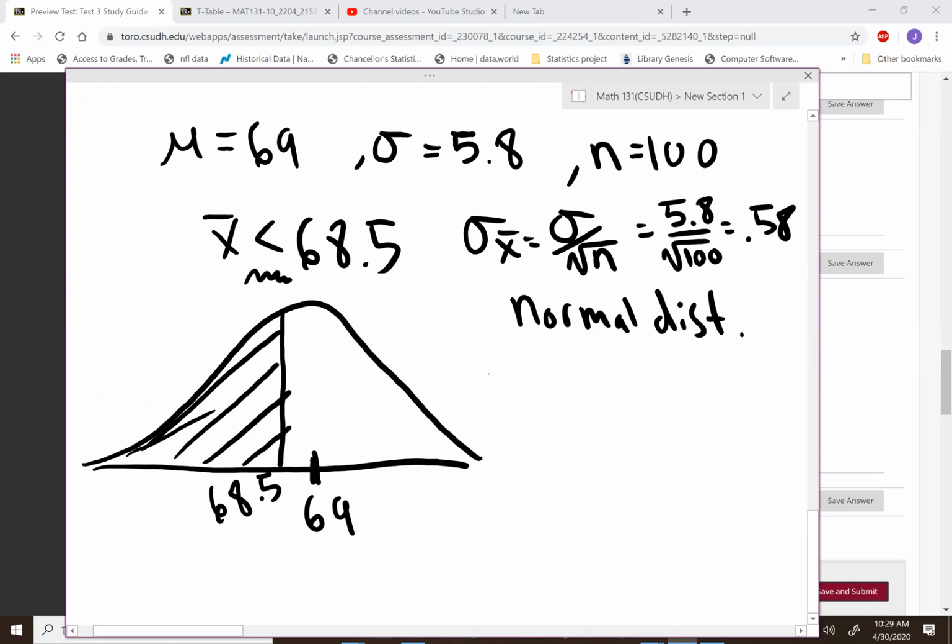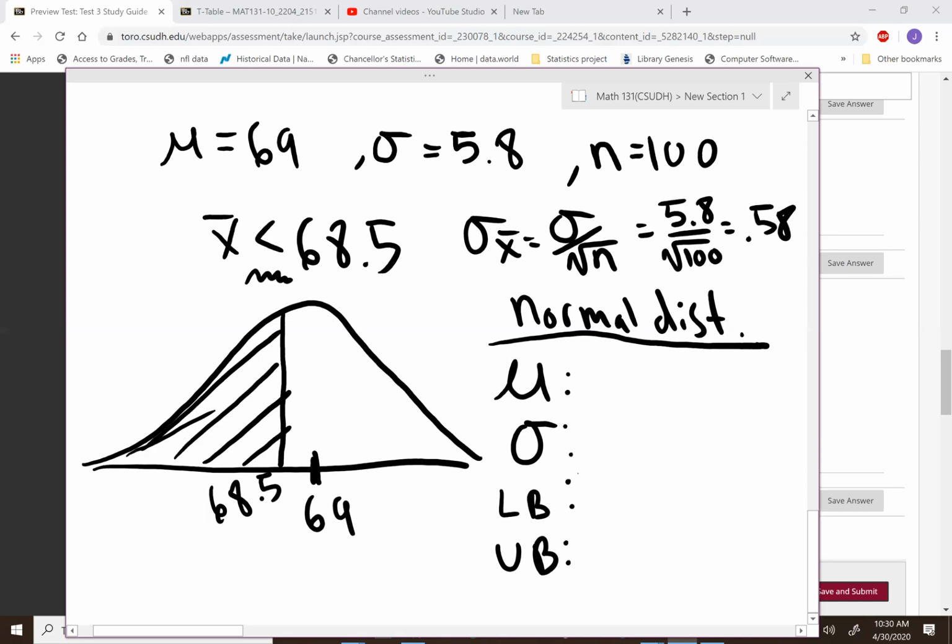For this one, you're going to go to normal distribution on class cow. You tell it what mu is equal to and what sigma is equal to, and you also give it the lower bound and the upper bound. Mu is equal to 69. Sigma is equal to 0.58, because you want to give it the adjusted one.